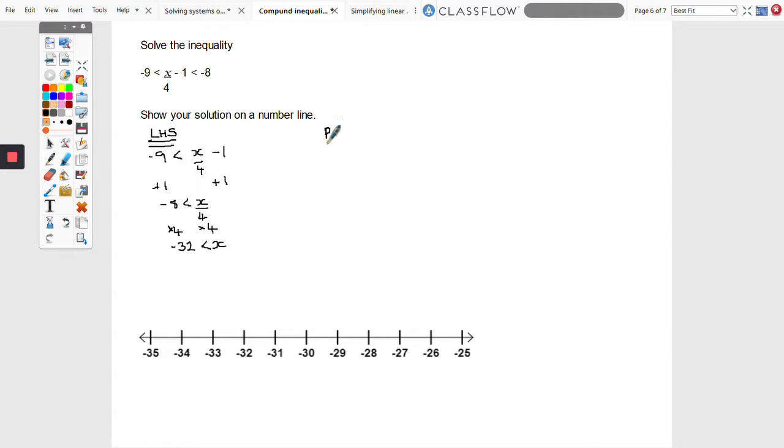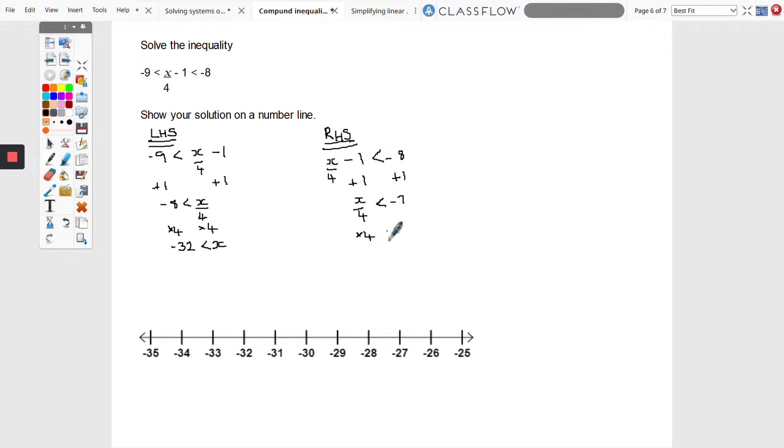And then we're going to take the right hand side. So we're going to have x over 4 minus 1 is less than minus 8. So again, we're going to add 1 to both sides, and that will give me x over 4 is less than minus 7.